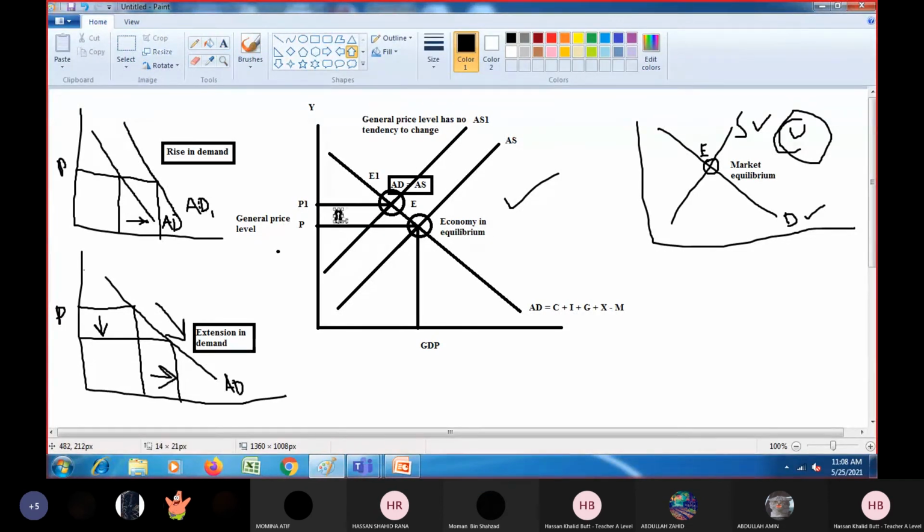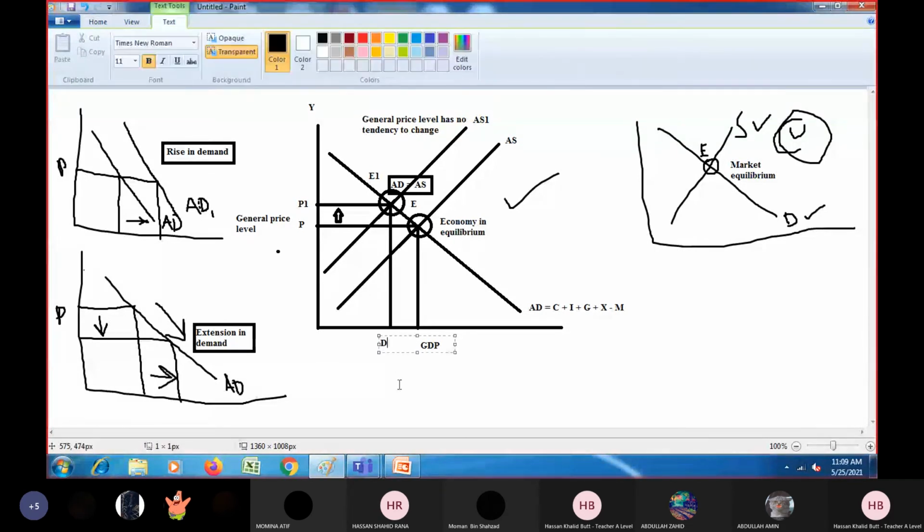And what has happened to GDP? GDP has gone down. That is quite obvious. Why? Because when producers are not producing, obviously it means that GDP has to go down. So this is now the new GDP, GDP 1.